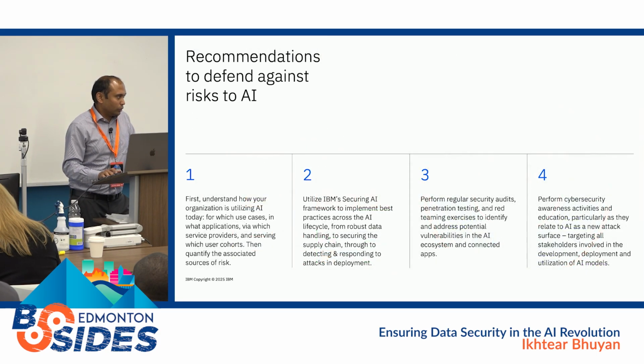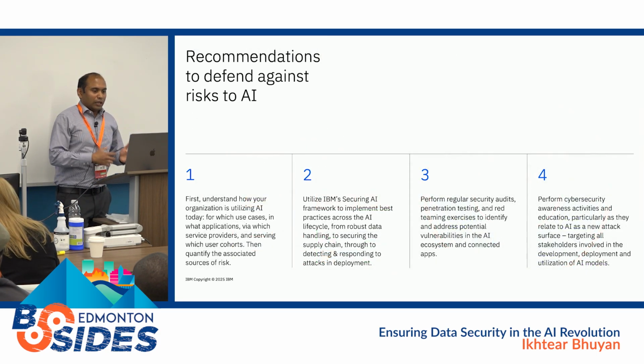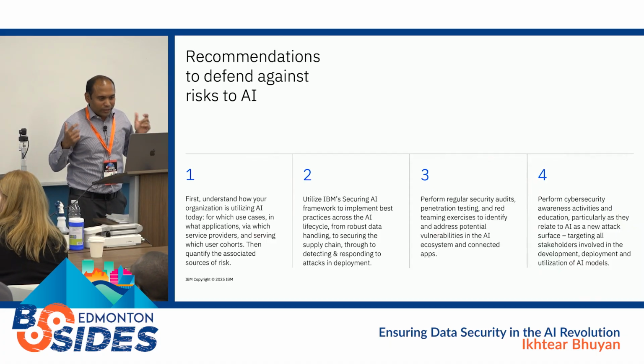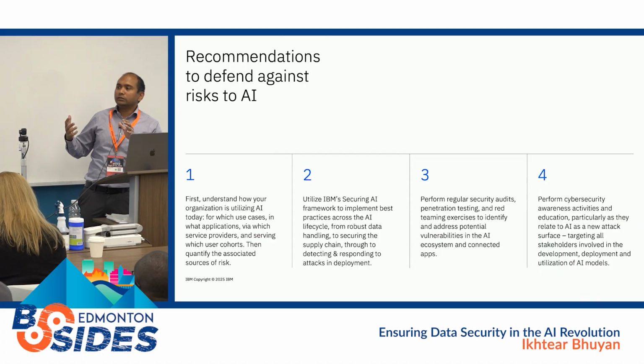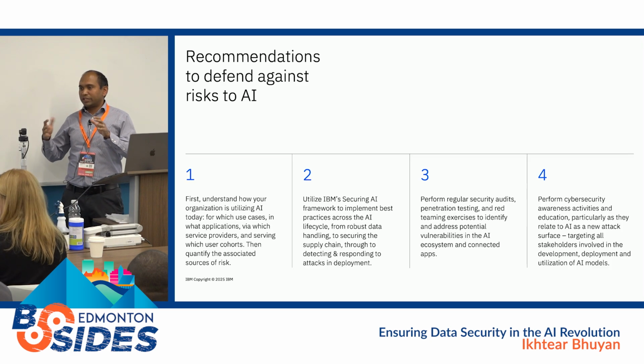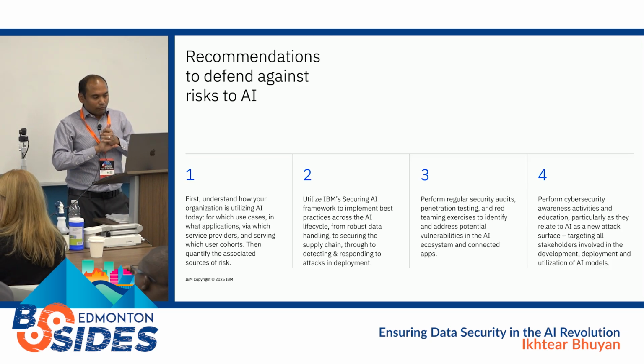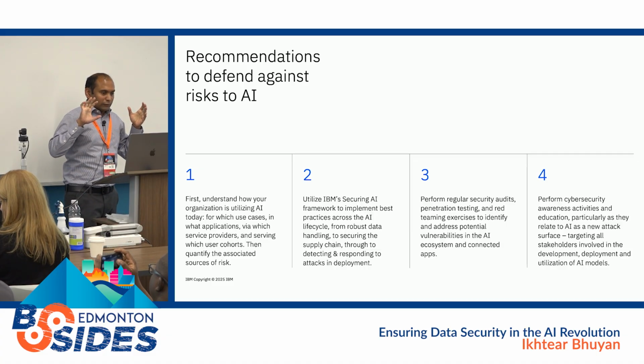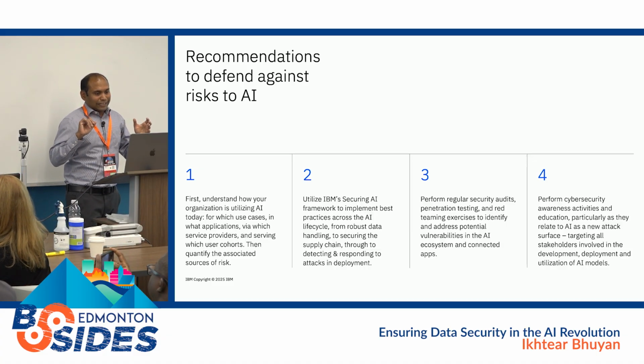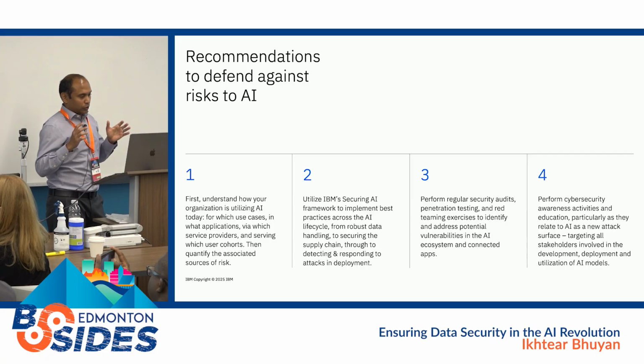So, the recommendation to defend against AI attacks. I gave you information on six different techniques that can be used to hack your AI, and a couple of technologies that can help to secure it.